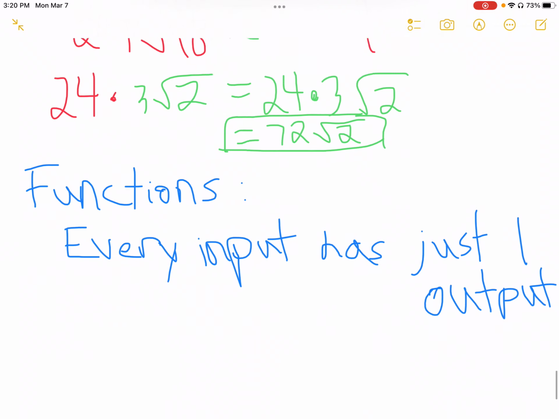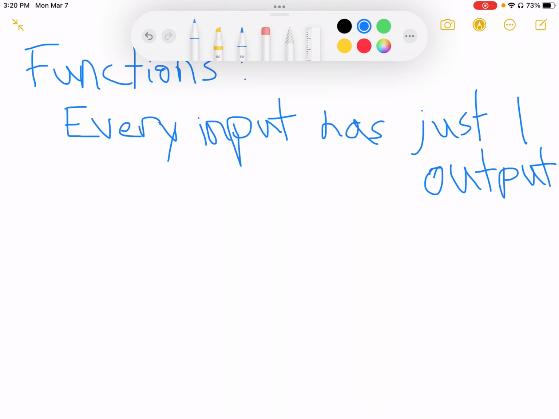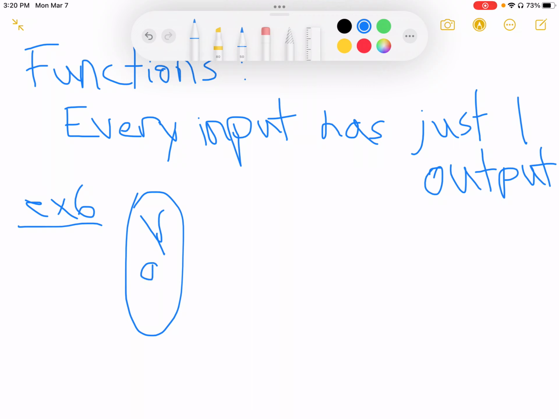So now they have some diagrams to draw here, so I'll just draw these last couple. If we have example 6, we'll just talk about this real quick. They had y as an input, a as an input, and then m as an input.